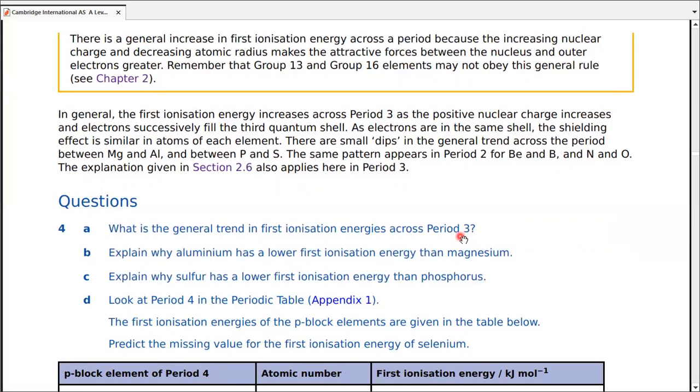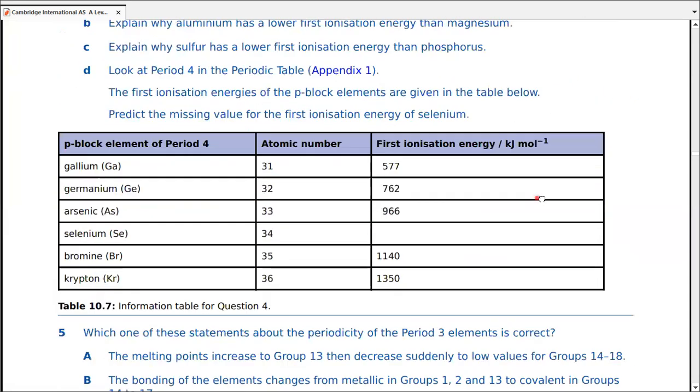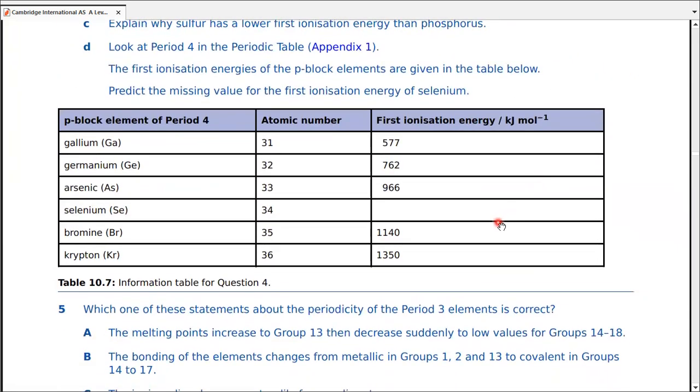As electrons are in the same shell, the shielding effect remains almost the same. There's a small dip between Mg and Al and between P and S. That's between groups 2 and 13, and groups 15 and 16, of course. And the same pattern appears in period 2, the same groups, different elements. And the explanation given in section 2.6, which I've just repeated, applies here too.